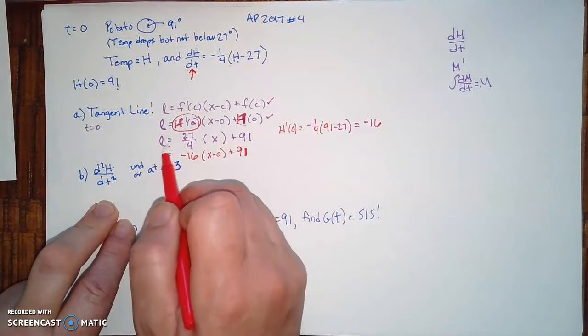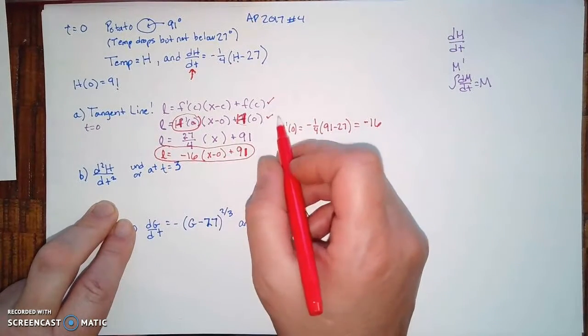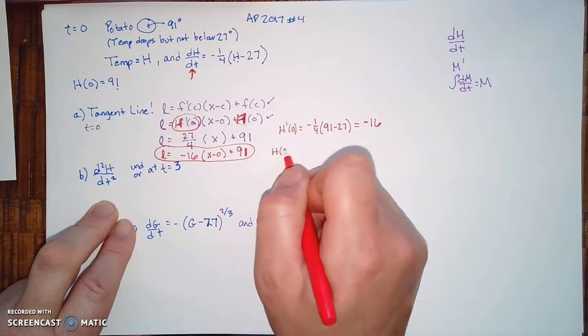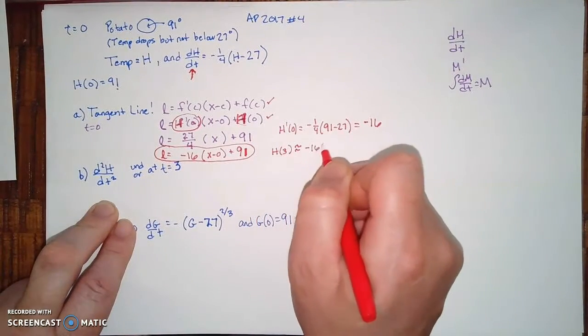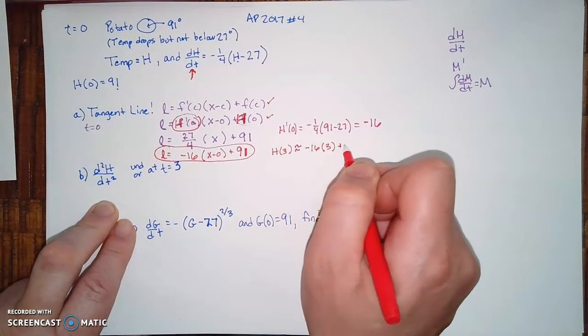They asked me to use this to approximate the temperature at time t equals 3. So here we go, h at 3 is approximately negative 16 times 3 plus 91.